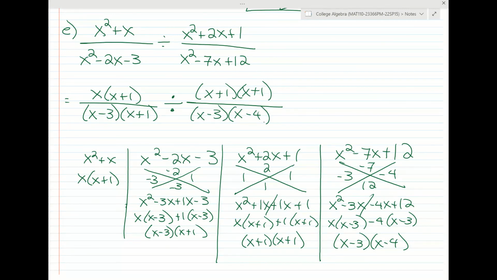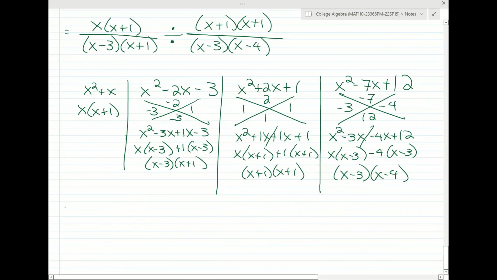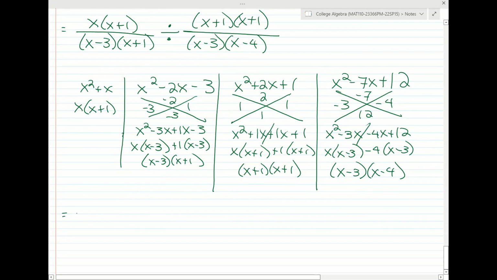Once it's completely factored, we could just keep that first fraction the same, x times x plus 1 over x minus 3 times x plus 1.